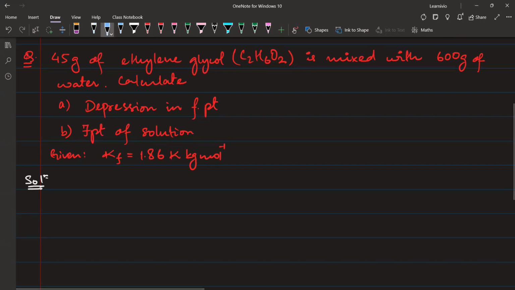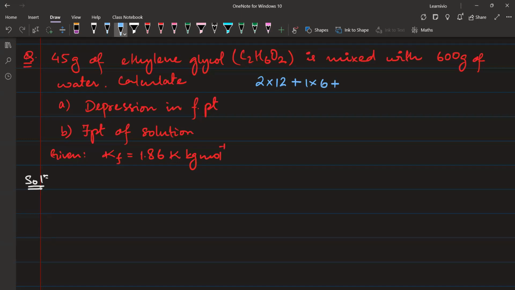Whose molar mass you don't know? Tell me. You know the molar mass of carbon? 12. How many carbons are there? 2. So 2 into 12, right? Plus. Okay. What is the molar mass of hydrogen? Hydrogen, 1. How many hydrogens are there? 1 into 6.